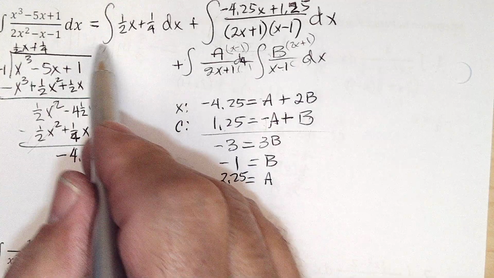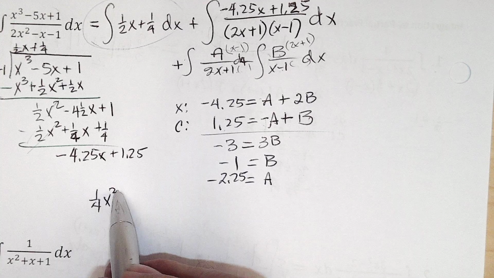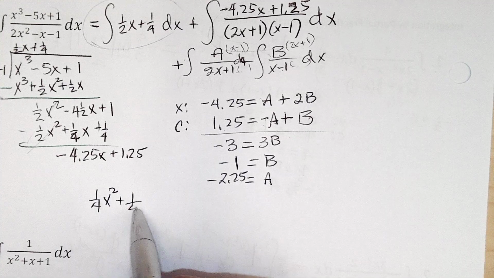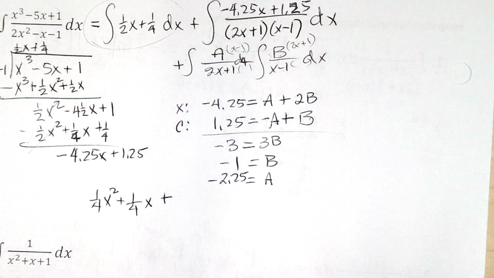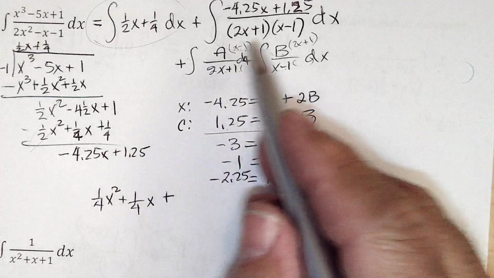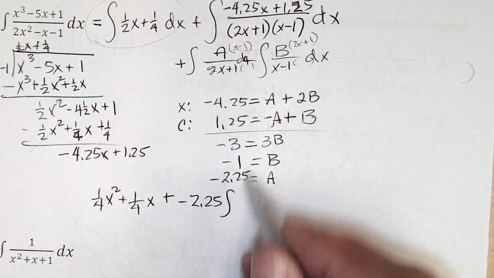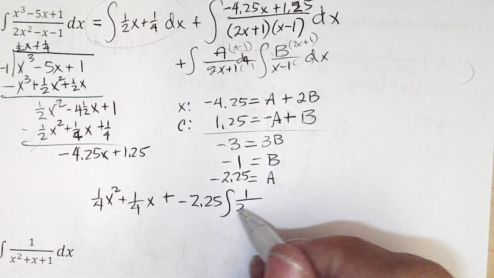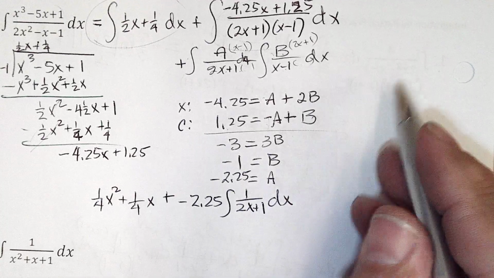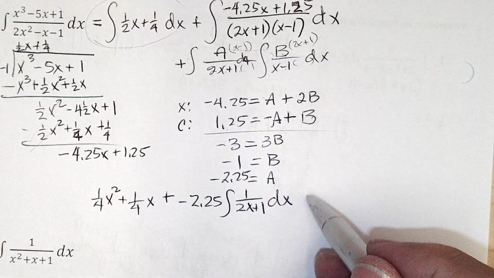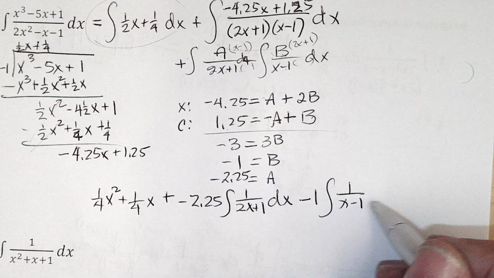So I have to do the integral of that, which is 1/4 x squared plus 1/4 x plus the integral of a negative 2.25 times the integral of 1 over 2x plus 1, and b, minus 1 times the integral of 1 over x minus 1.